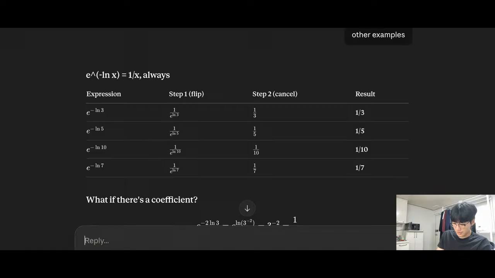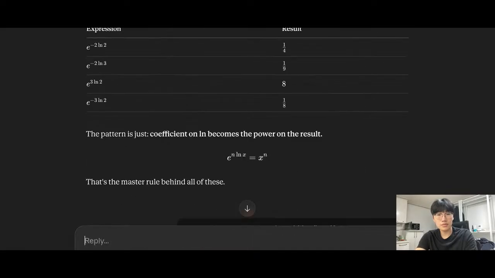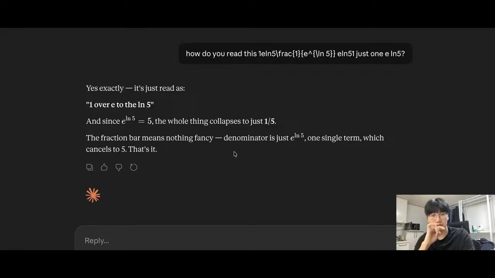You change it into 1 over e^(ln 5), which is 1/5.